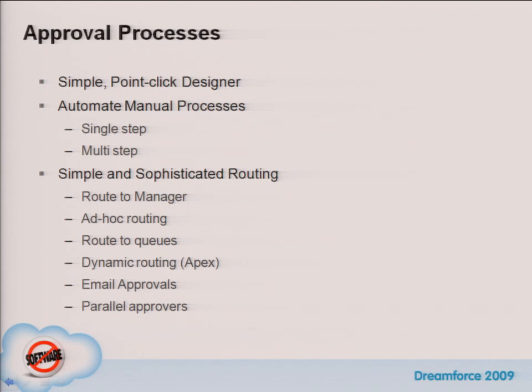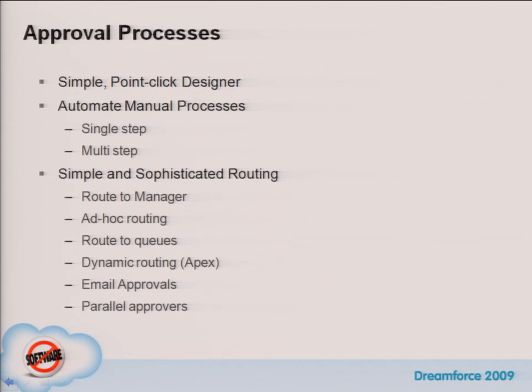And as I said, for the more complex things we need to support, we need to have an ability to plug that in in a relatively easy manner. So we do support dynamic routing, where you're routing to a field on the record, which can be determined by Apex. This is another place where you have a specific, simple way of plugging in code, but the overall benefit is still simplicity.